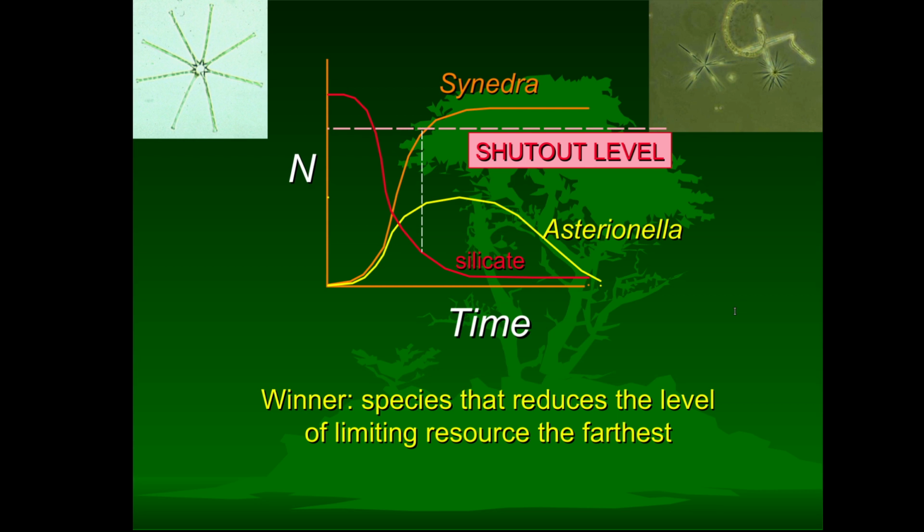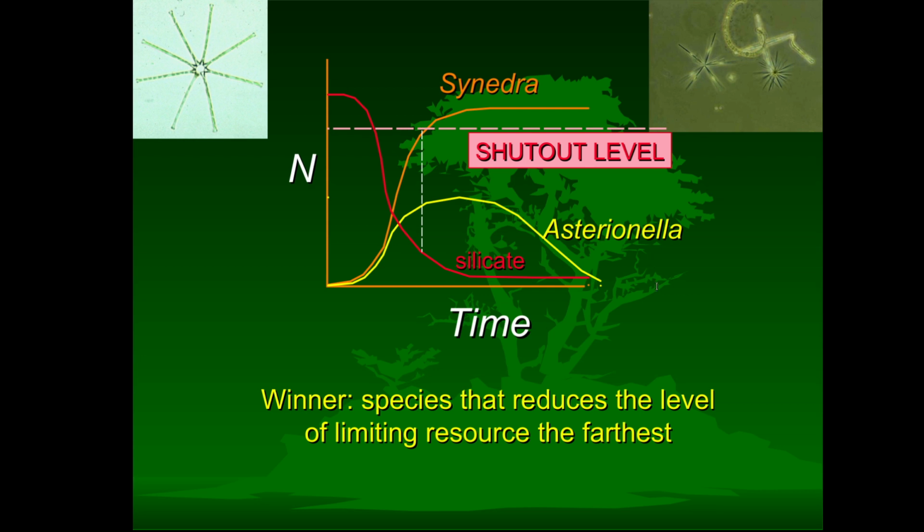If they are always constant, then we would not see the results with Synedra and Asterionella, with the predictable winner every time on the same resource. What appears to be happening with these two diatoms is that when resources reach low levels, some species might not be able to maintain the same consumption rate because the resources are harder to find or take longer to reach or are taken up by cells more slowly.